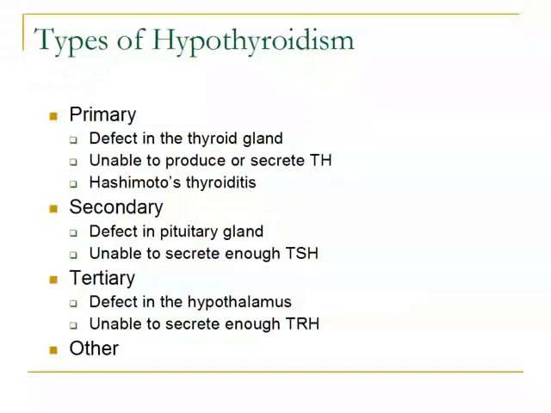A secondary form of hypothyroidism would be if there's a defect within the pituitary gland itself, and the pituitary cannot secrete enough thyroid stimulating hormone. This could be due to a pituitary adenoma or something like that. And a third cause is if there's a defect in the hypothalamus where it is unable to secrete enough thyroid releasing hormone.